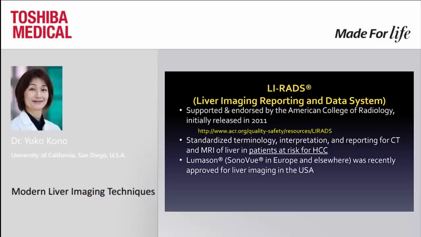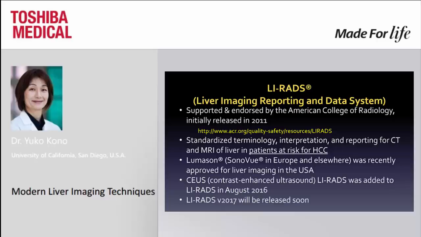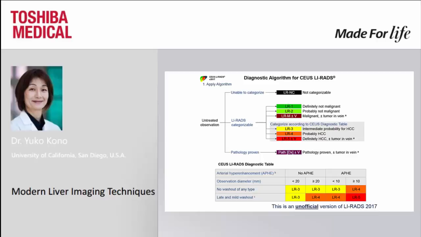So we formed an ultrasound LI-RADS working group in 2014, and we just released the first version of CEUS LI-RADS in August. And we are working on the LI-RADS 2017 version right now. So this is how it looks like. Oh, we lost the slide. That's not good.